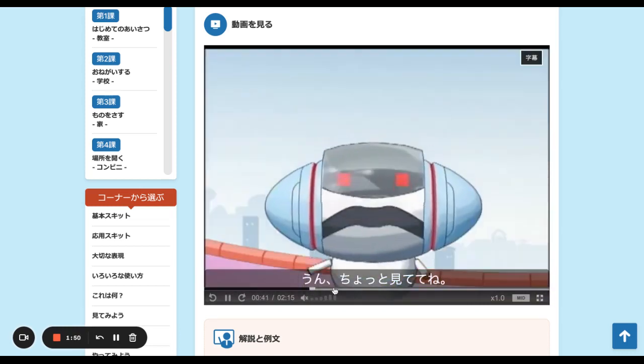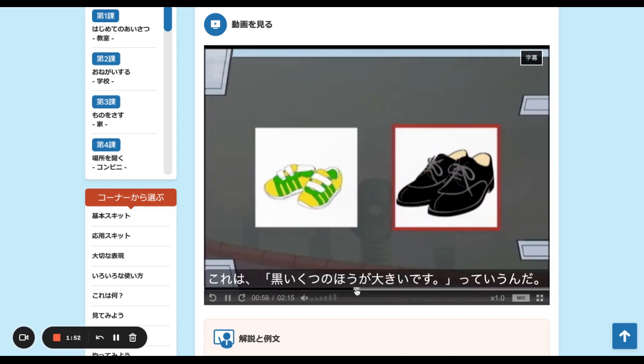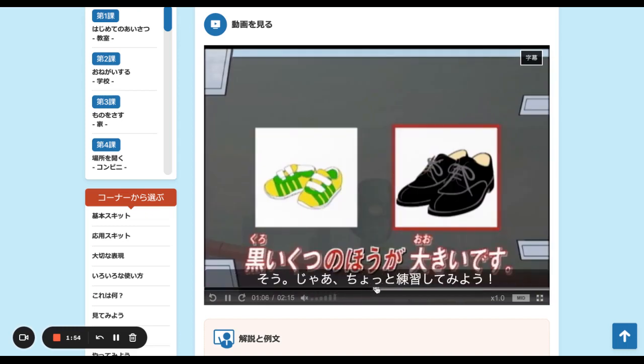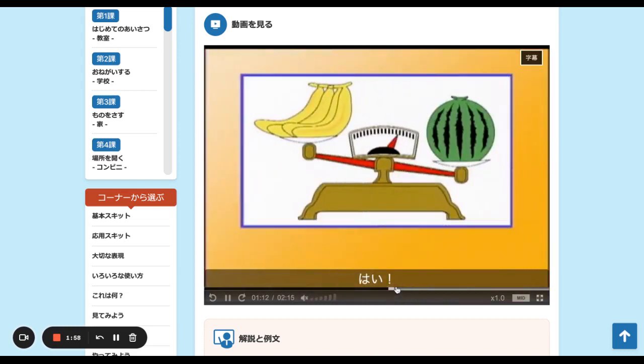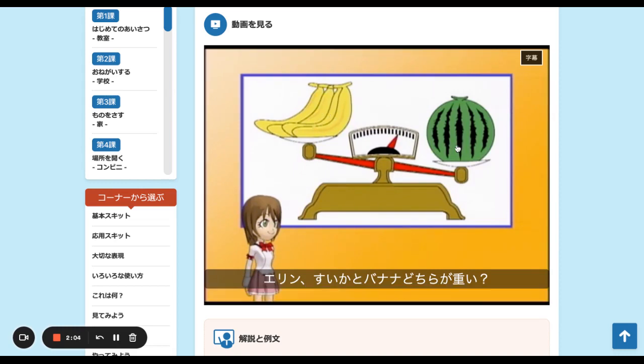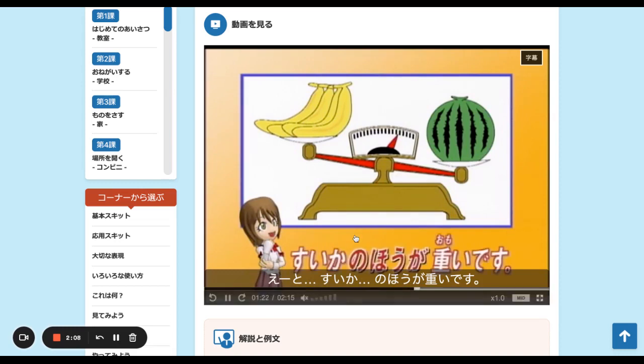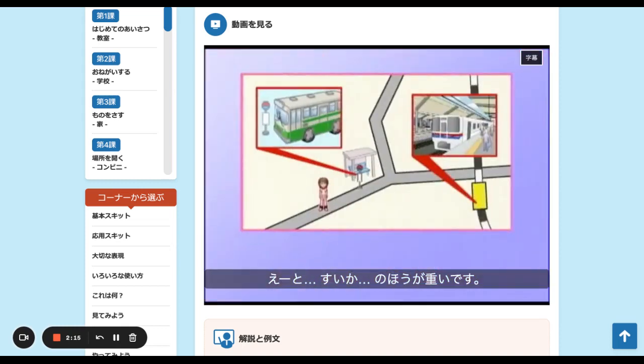So の方が is the thing that you need to say. How about a little bit more? Banana versus watermelon. バナナとスイカはどちらが重いですか？スイカの方が重いです。スイカは重いです。スイカ is heavy, but you need to be able to say which one is heavier, right?